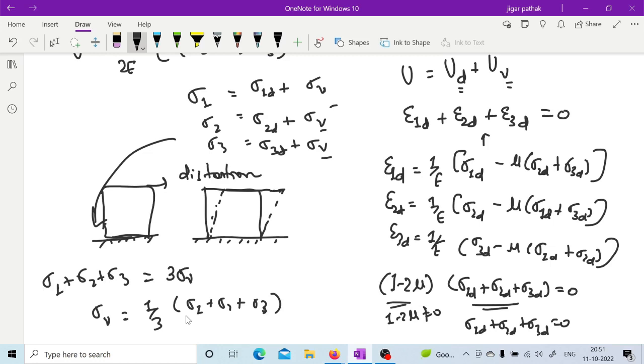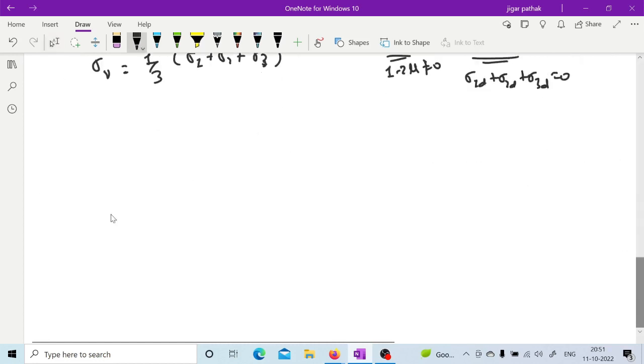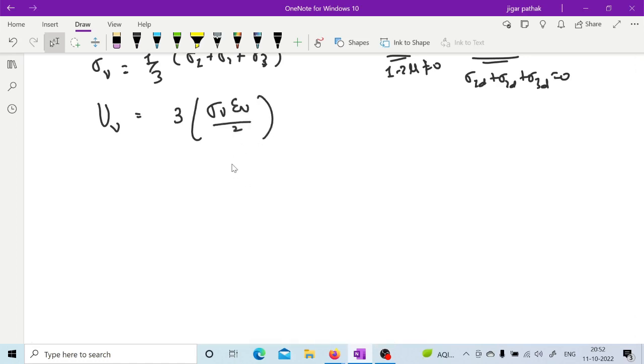Once you have these values, if you go for Uv, then Uv is 3 times sigma v times ev by 2, right? And ev can again be written as 1 upon E times sigma v minus mu sigma v plus sigma v.